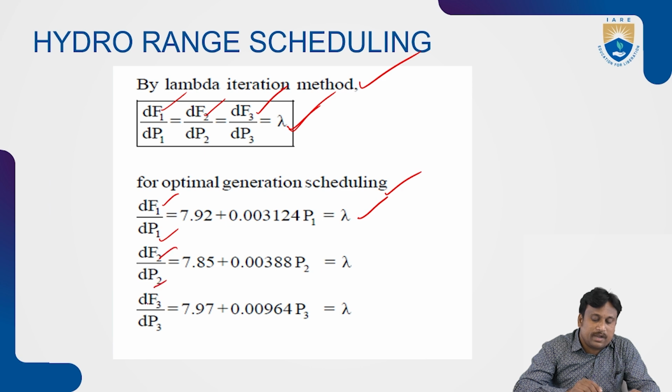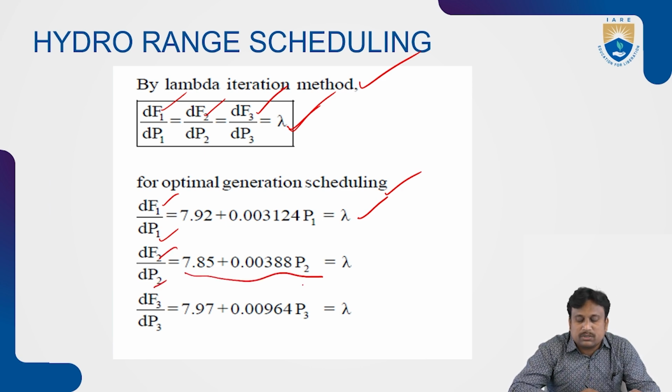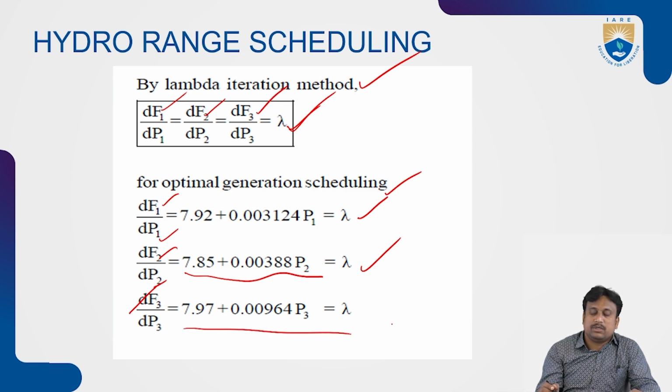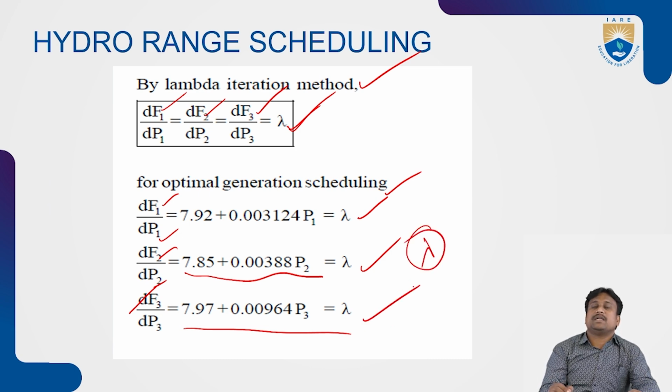And dF2 by dP2 is 7.85 plus 0.00388 P2, which is equivalent to lambda. And also dF3 by dP3 is 7.97 plus 0.0096 P3, which is equivalent to lambda, where lambda is the iteration method constant.